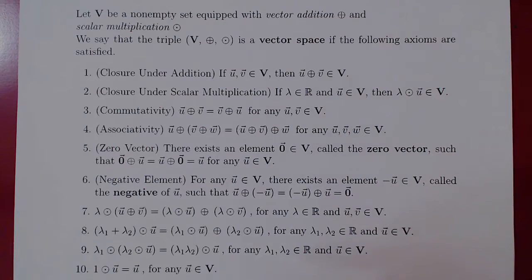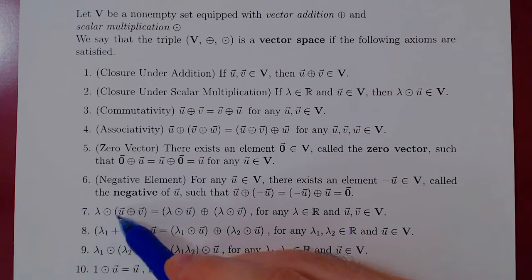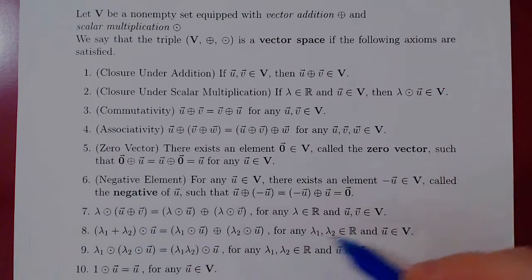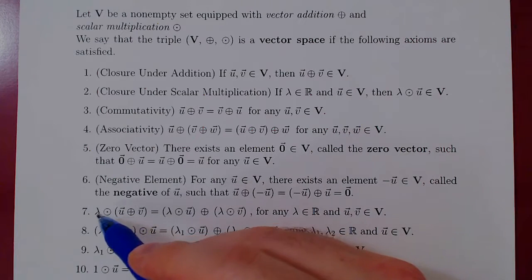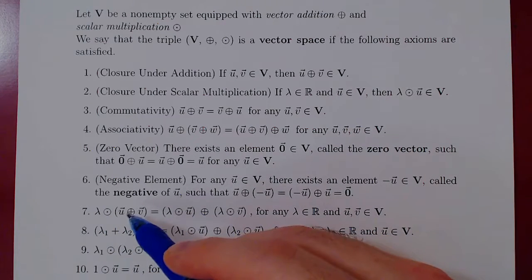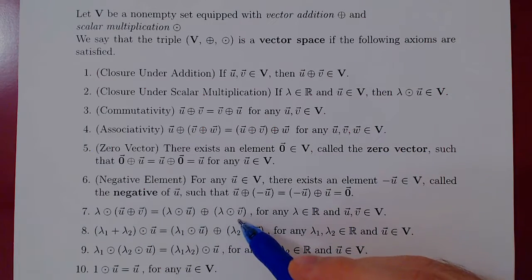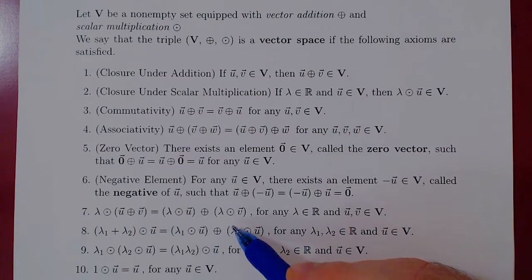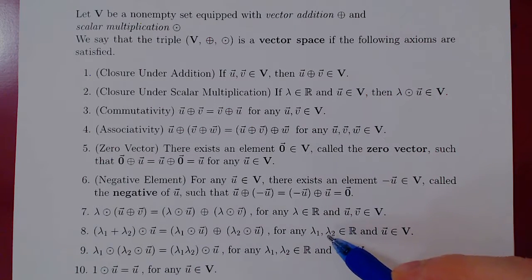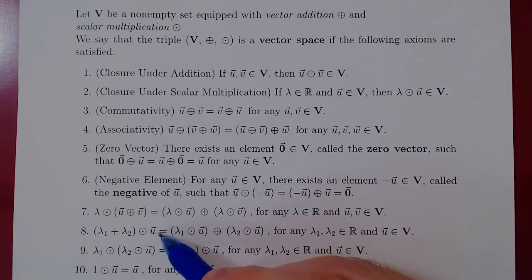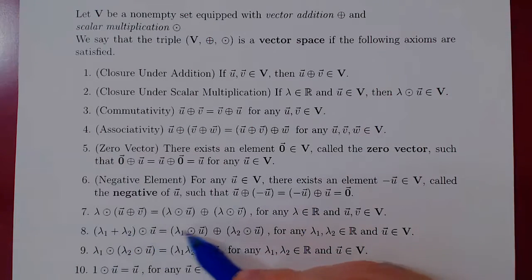Once again, very intuitive. And these are properties of scalar multiplication. If you have a real number times the sum of vectors, u and v are elements of your space, you can distribute the scalar multiplication. You can do lambda u plus lambda v. Once again, a very familiar property. Property 8 says that for any two real numbers, lambda 1 and lambda 2, and any element of your space u, if you have lambda 1 plus lambda 2 times u, you can also distribute as lambda 1 times u plus lambda 2 times u.